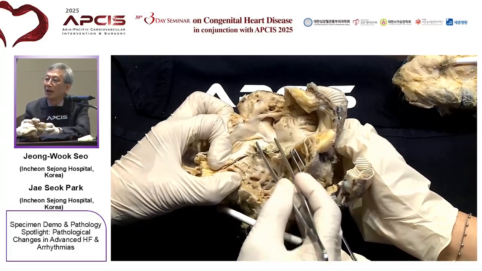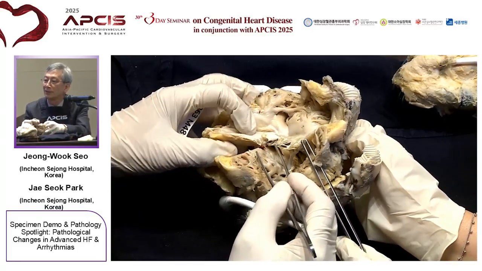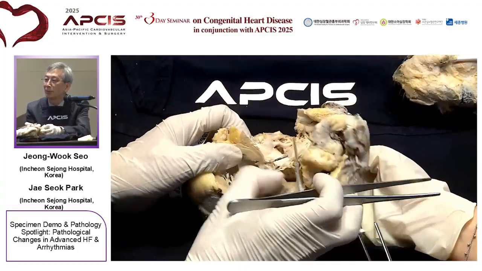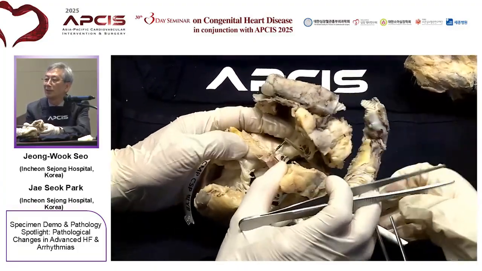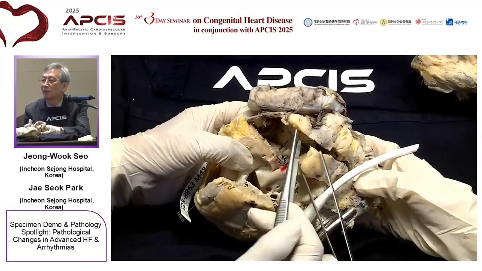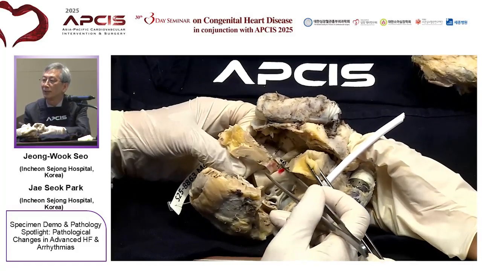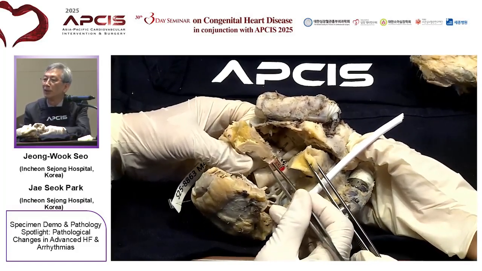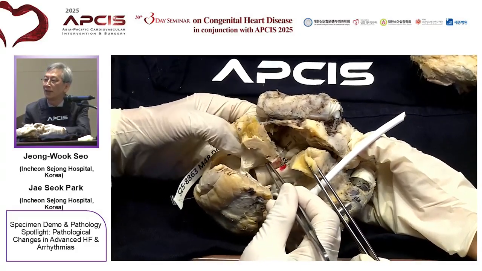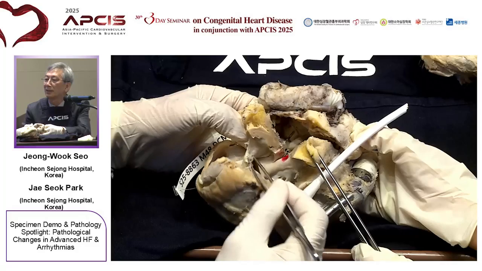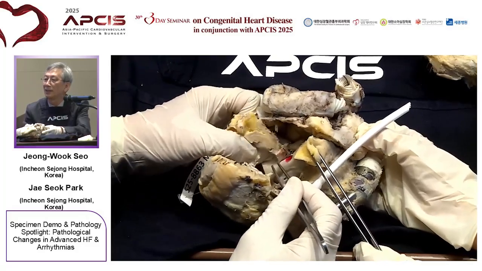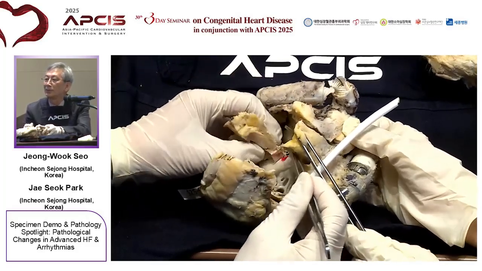And then we are looking at the cut surface to see how much the CSP lead penetrated the septum, and also how much we can approach the subendocardium of the left ventricle. This is the mitral valve, and this is the left ventricle.